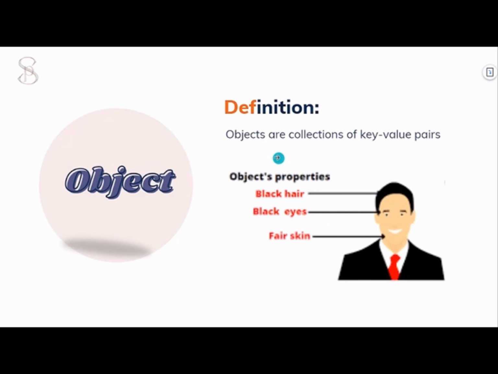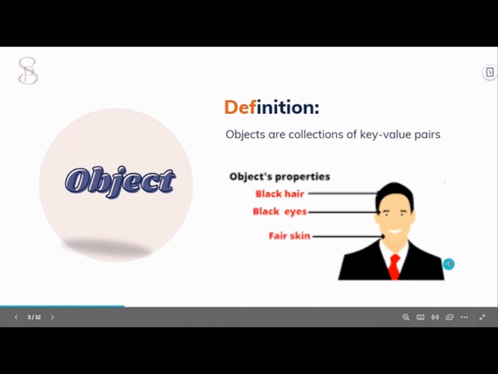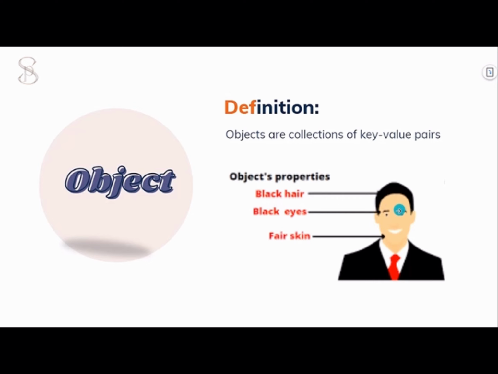Coming to object, let me define object first of all. I will say all the things in an easy and simple way. So, an object is nothing but a collection of key value pairs. For suppose, here we are able to see a man with black hair, black eyes and fair skin.